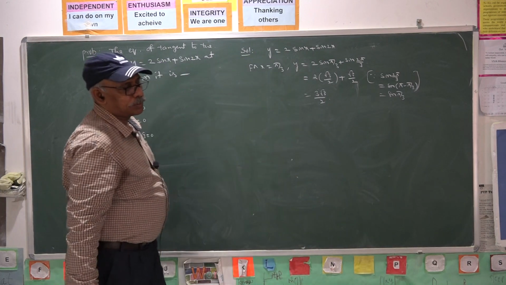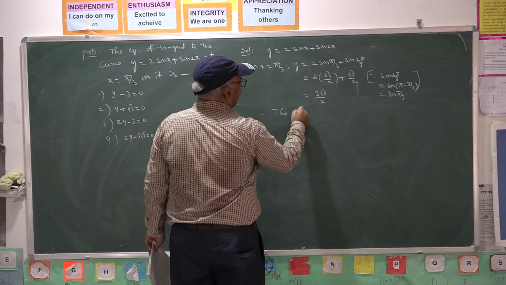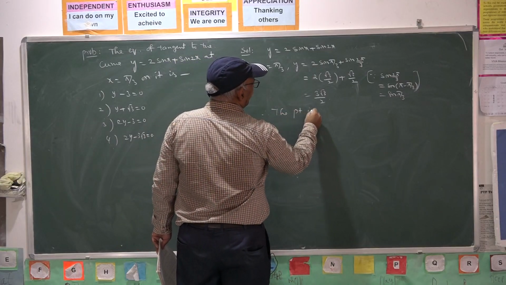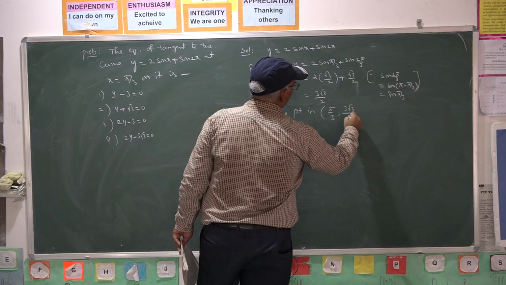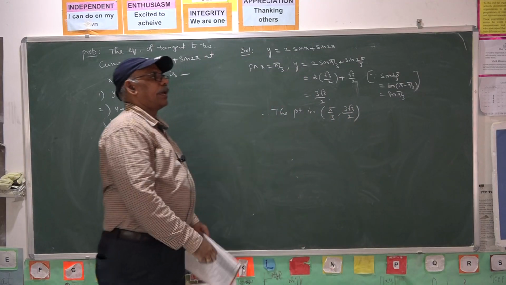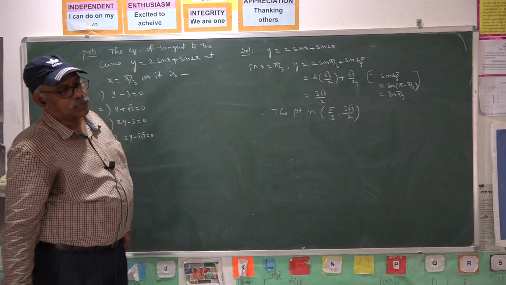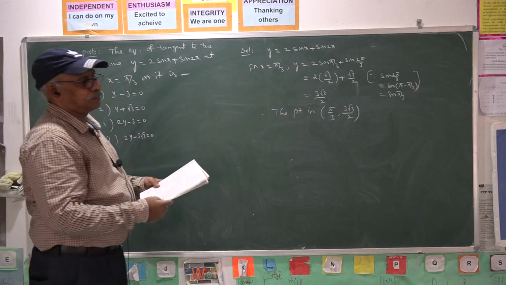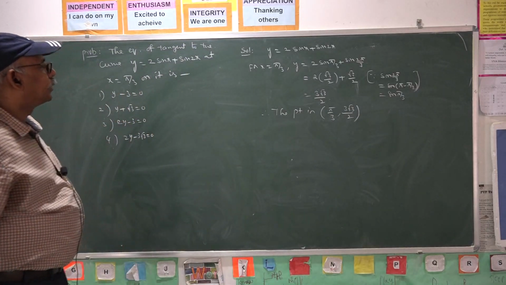So the point is pi by 3 comma 3 root 3 by 2. X coordinate is pi by 3, corresponding y coordinate is 3 root 3 by 2. That is the point on the curve where the tangent is needed here.